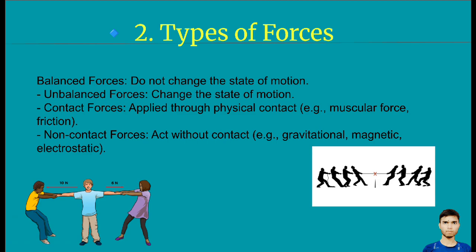Now you can see both sides' forces are not equal. That's why we call it an unbalanced force. What will happen if we have unbalanced force? First of all, the motion will change. The object will come into motion.